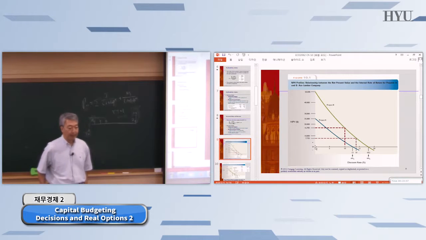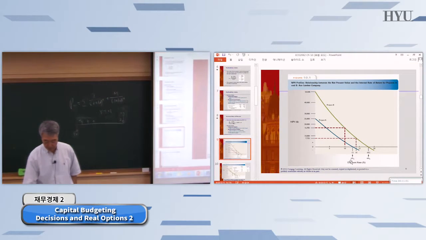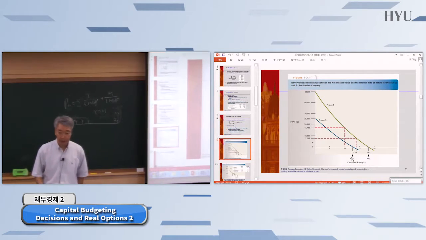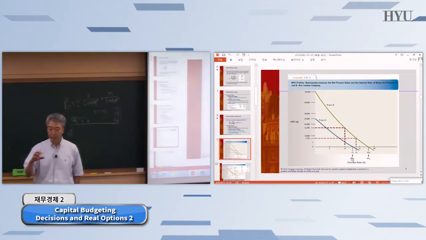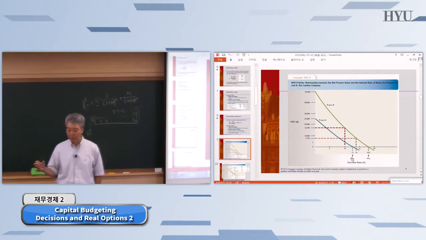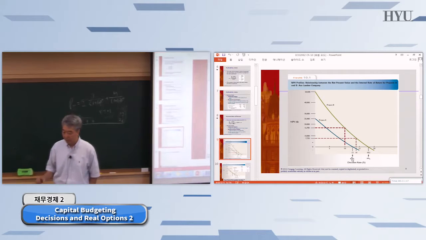And you know that's the concept of IRR. IRR is the discount rate which makes the discounted present value of the future cash flow equal to the initial investment, so that the net present value will be 0.